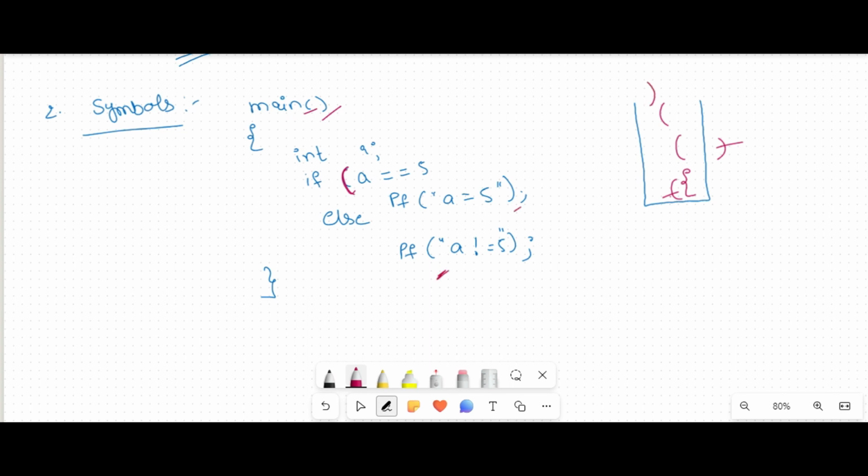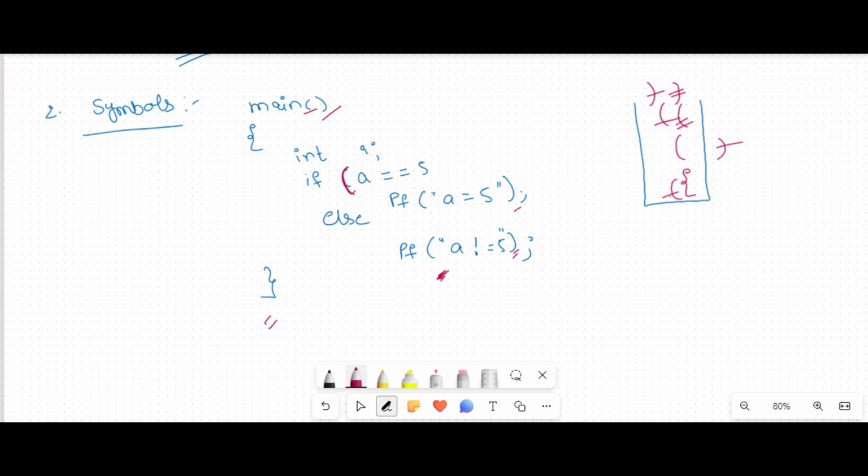Now the open and closed parentheses are balanced, so they will be removed from the stack. Again an open parenthesis, then a closing parenthesis, and they are popped.